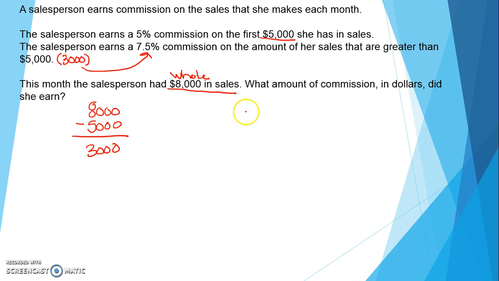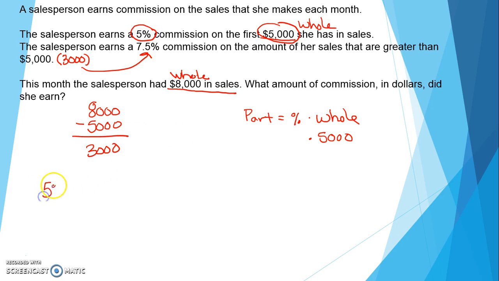So again, we use part equals percent times the whole. The commission is going to be the part. This $5,000 is the whole, the first set of sales. The percent on that is 5% commission.